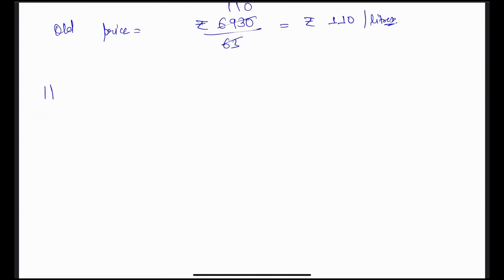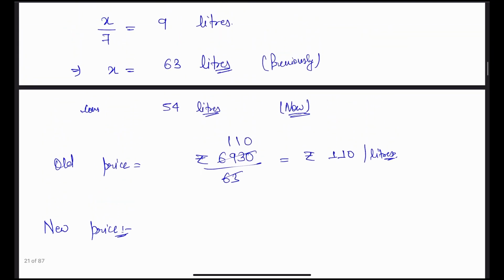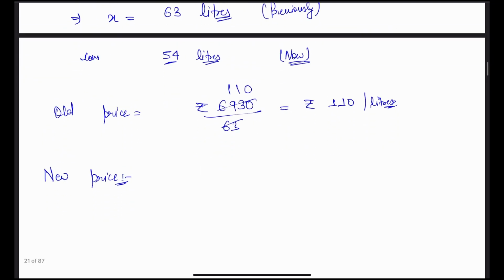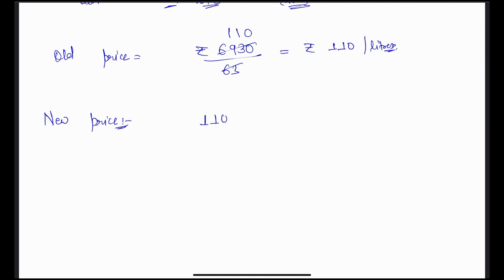So for the new price, either I can use the 54 value and divide by it, or I can use 110. It is increasing by 16.66%, or 1 by 6.